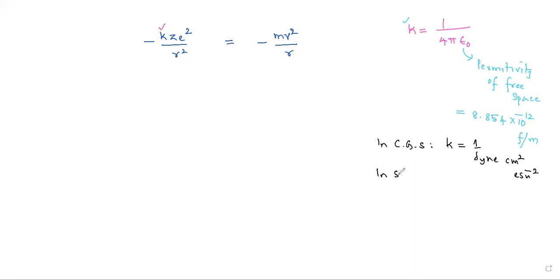Whereas in SI system, it can be given as 9 into 10 power 9 Newton meter square per coulomb square. Okay. So in CGS it is 1, you can just neglect. Whereas in SI it is 9 into 10 power 9 Newton meter square per coulomb square. So two important things: one is epsilon naught, the other one is K.